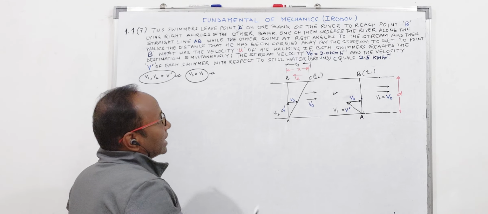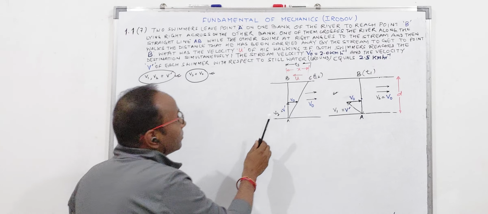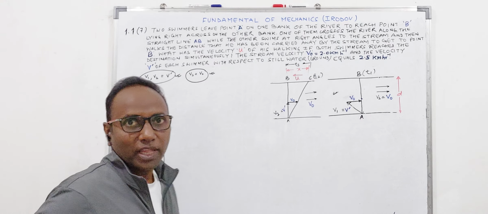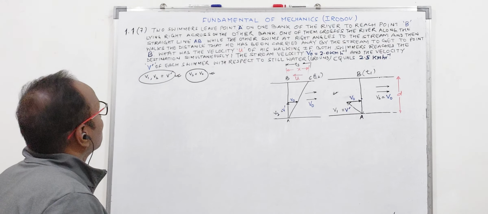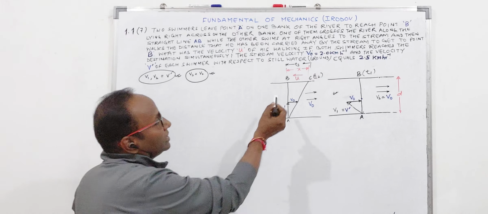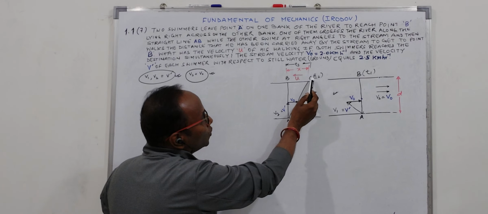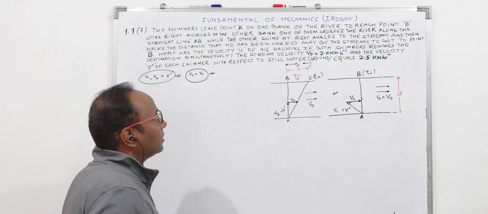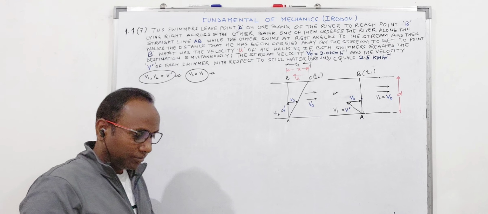The time taken for swimmer 1 from A to B and for swimmer 2 from A to C to B is the same. So we have to find the velocity u by which swimmer 2 will walk from C to B.